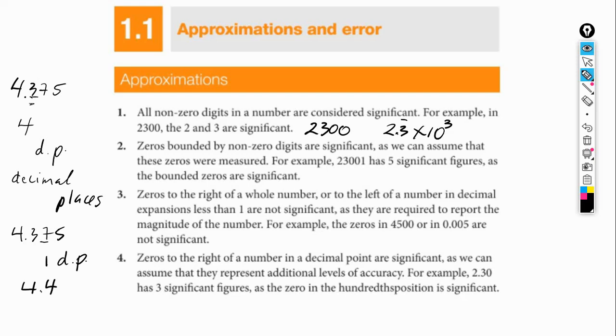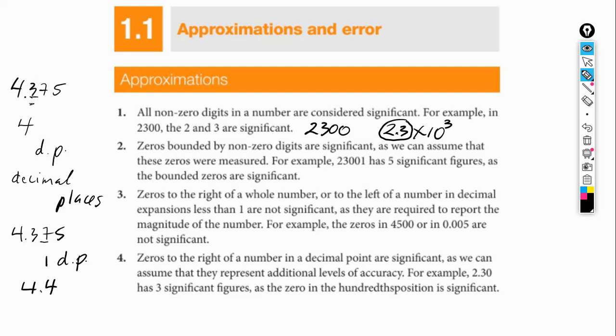So notice that you only need these two digits to be significant, right? So only 2 and 3 are significant. So that means that zeros to the right are not significant. But zeros become significant when they are bound by non-zero digits.